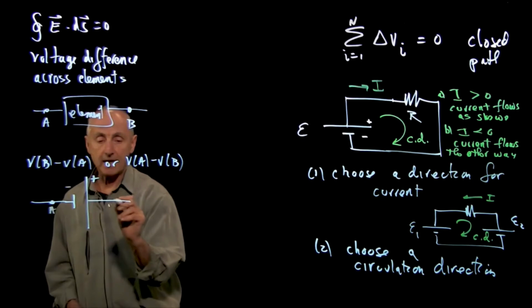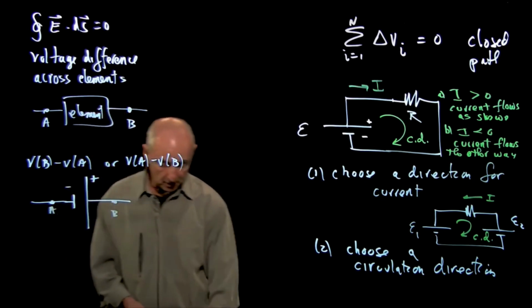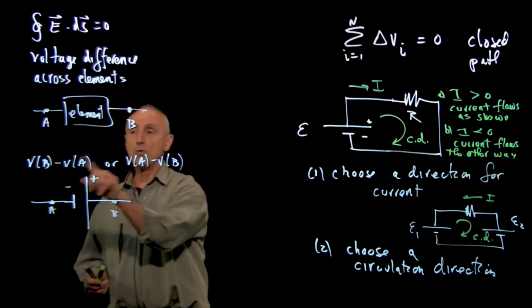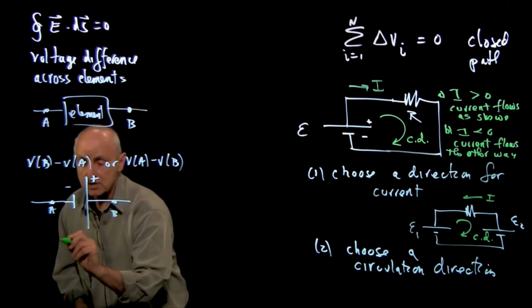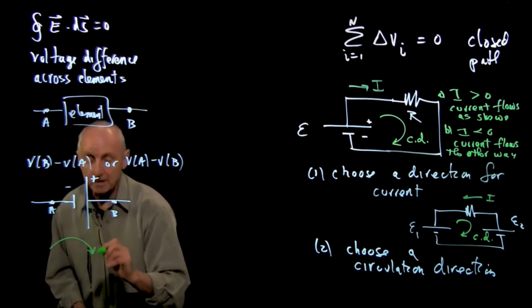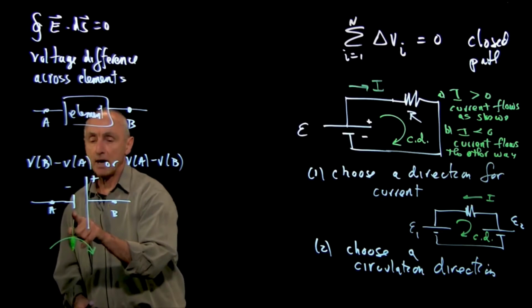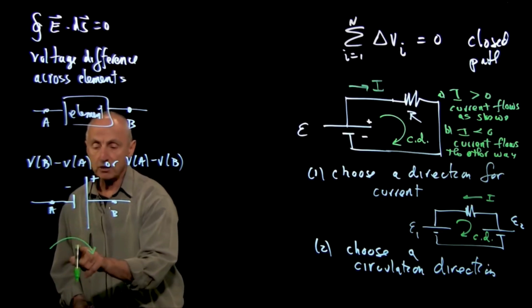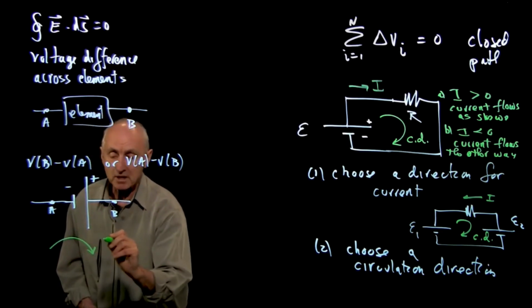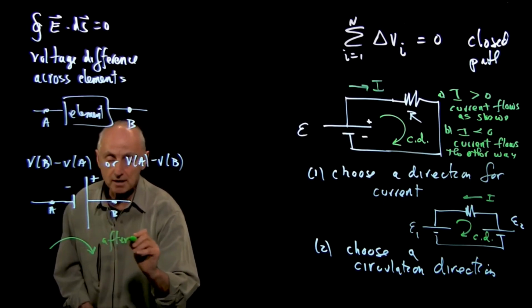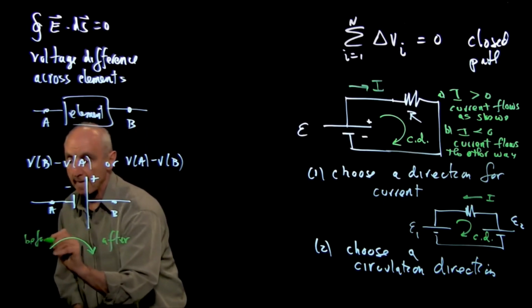We'll call this point A, this point B, but so far we don't know what we mean by voltage. Suppose I'm circulating this way, from the minus to the plus. The circulation direction across the element defines an after side and a before side.